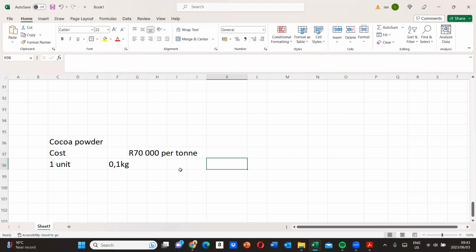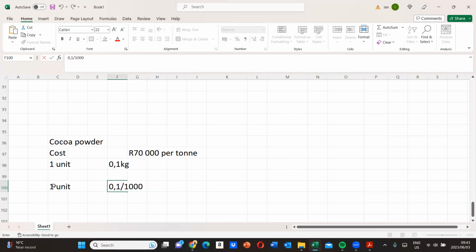Or we could have converted the 0.1 into tons. So 1 unit is equivalent to 100 over 1 million, or 0.1 divided by 1,000, which gives us the units in tons. There will be so many zeros.